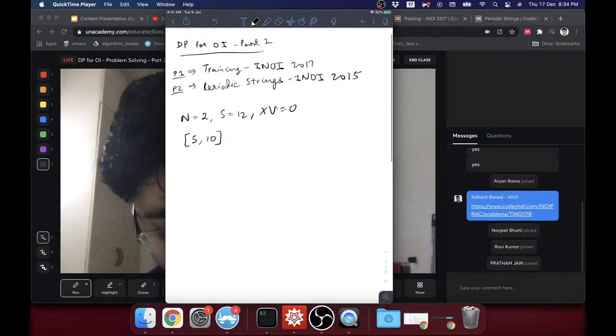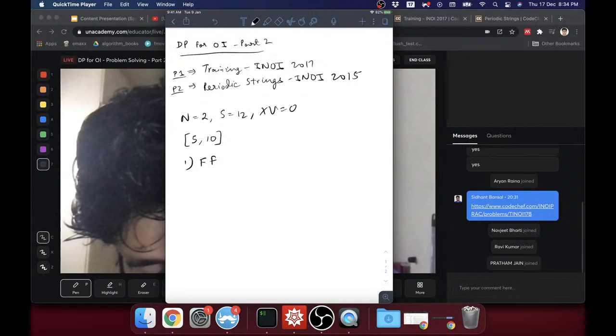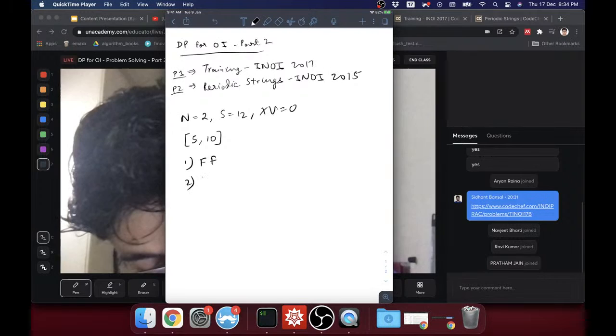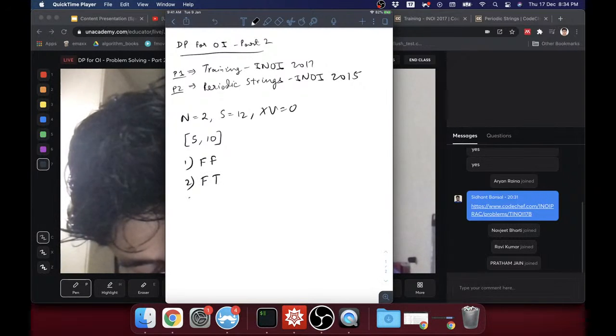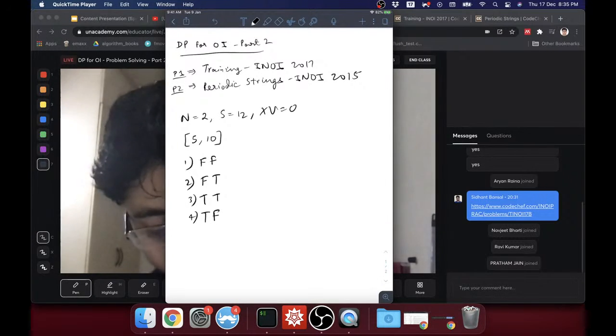Now you have 4 options. First is to fight, fight; second is to fight, train; third is to train, train; fourth is to train, fight. Let's do a poll here so that people are more familiar with it.